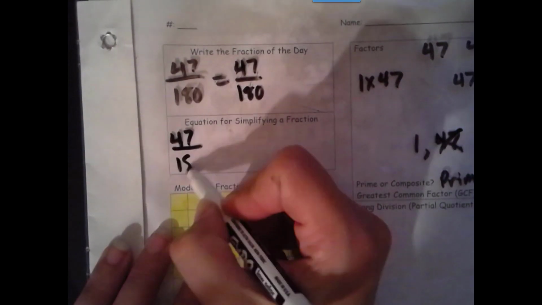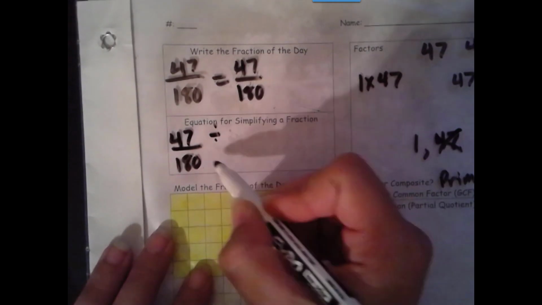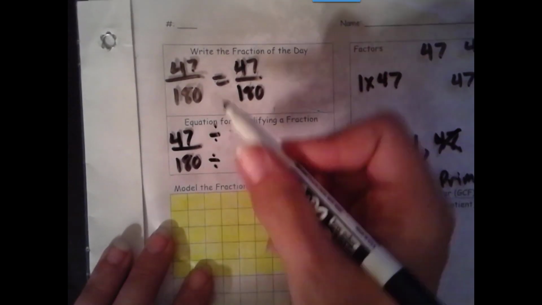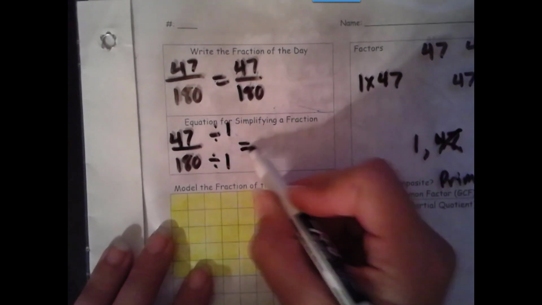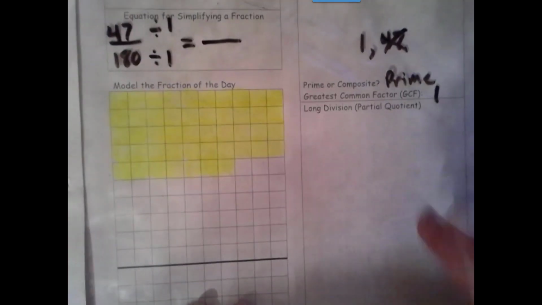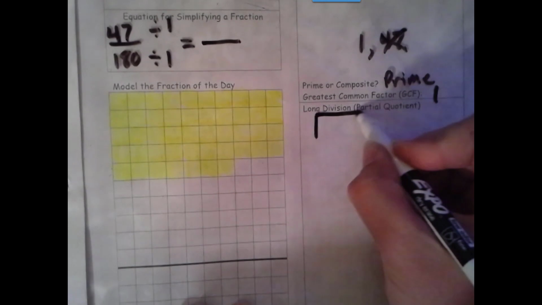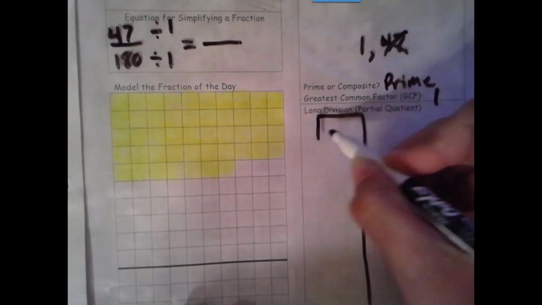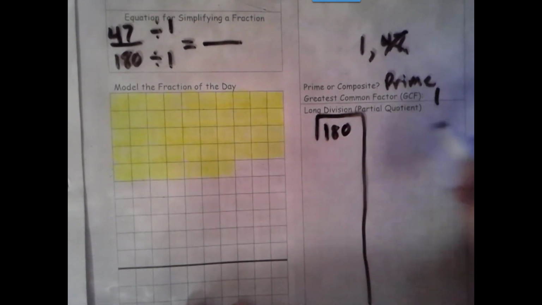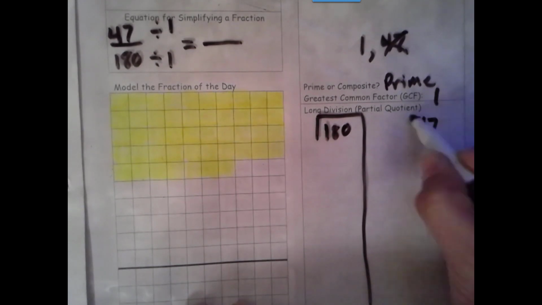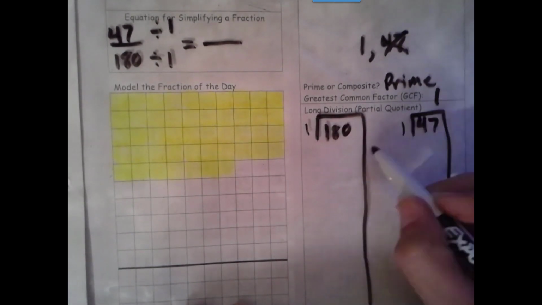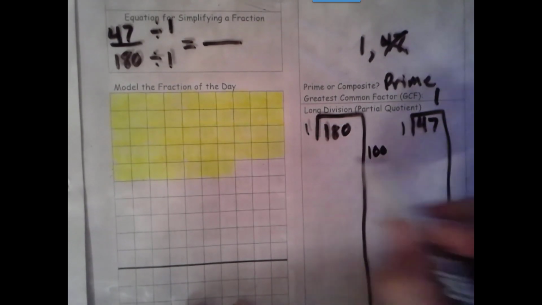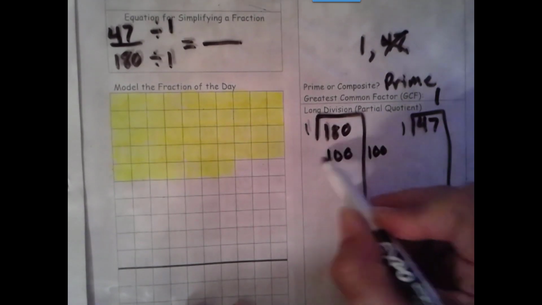But let's go ahead and prove it with our algorithm. We're dividing both the numerator by 1 and the denominator by 1. 180, 47. 1 times 100 is 100.